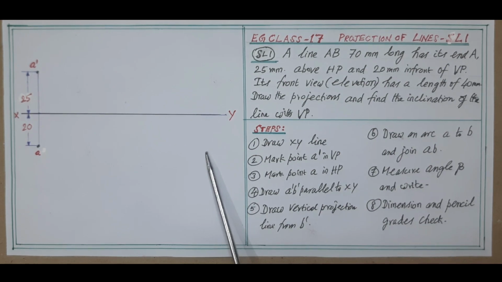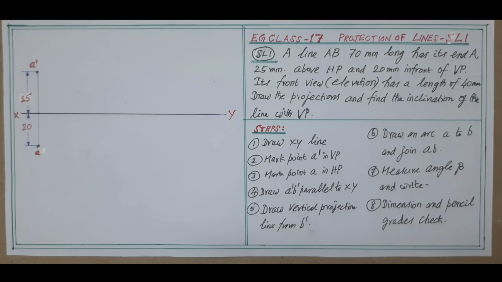So the first step we are going to see in this problem is when it is inclined to the vertical plane alone. Now you see the problem. A line AB, 70 millimeter long, has its end A 25 millimeter above HP and 20 millimeter in front of VP.